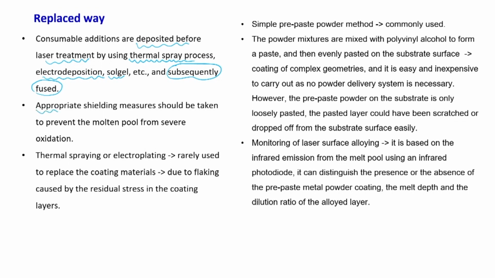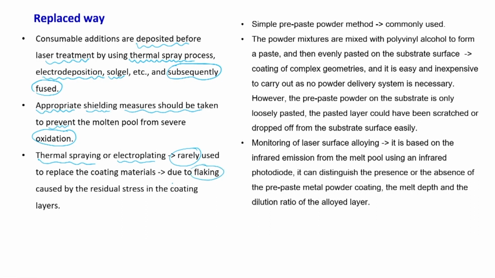Here we need to take care of the shielding. Appropriate shielding measures should be taken into consideration to avoid oxidation. The thermal spray or the electroplating is rarely used in a replaced way, basically because of flaking.